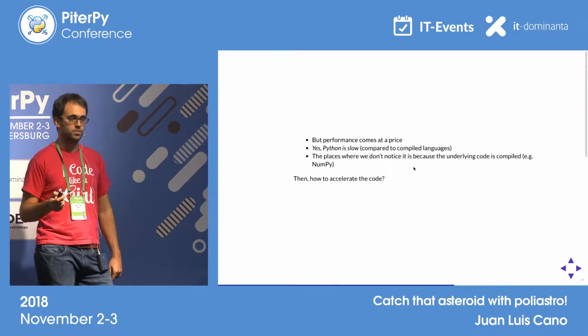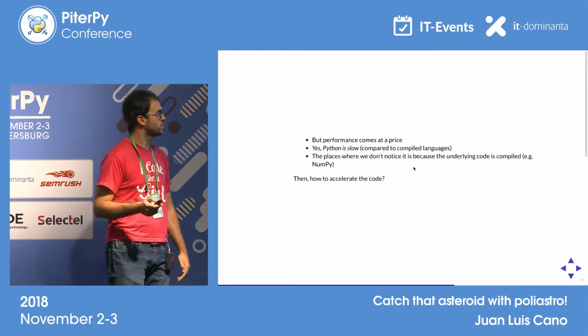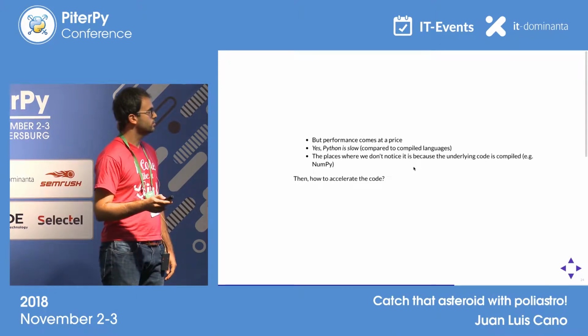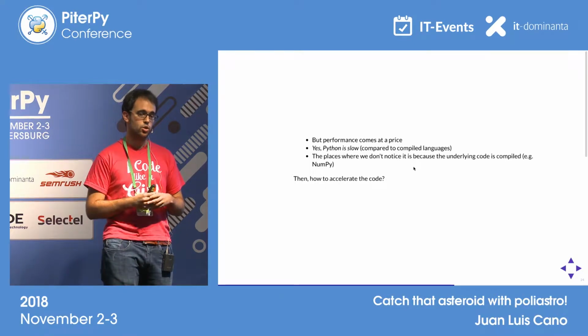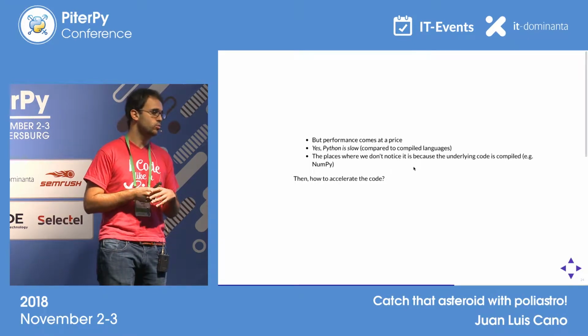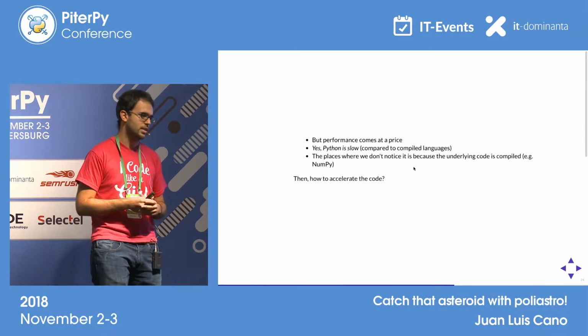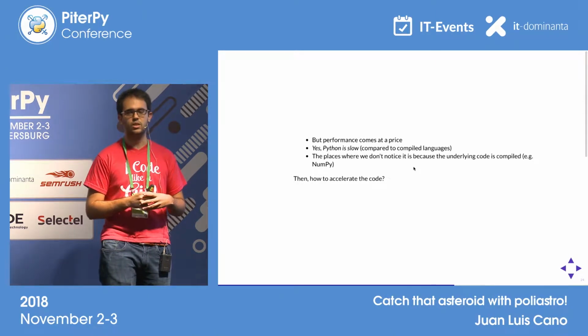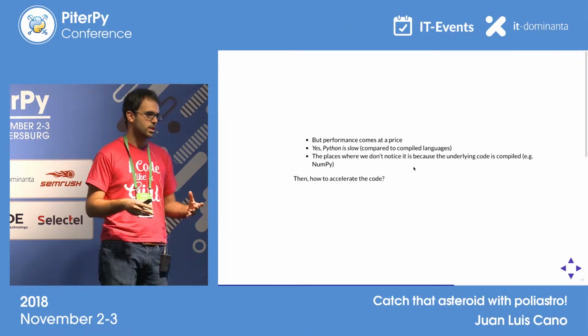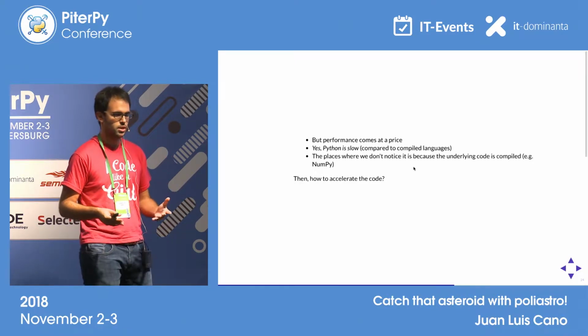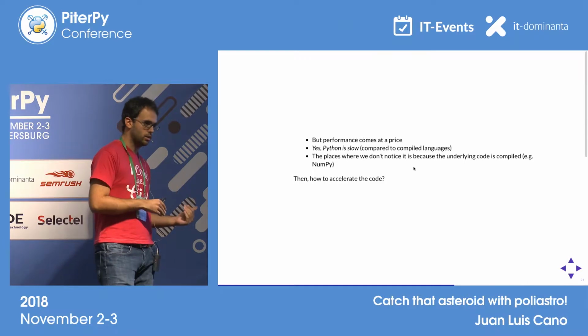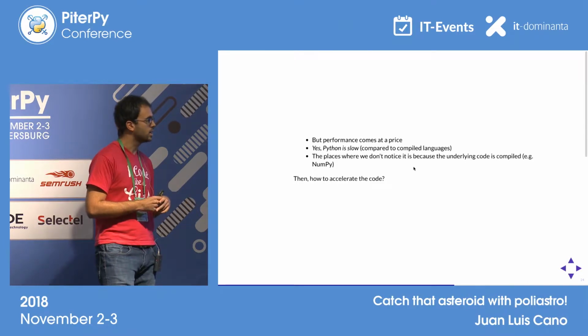But performance comes at a price, in the case of Python especially, because yes, Python is slow, and the points where we don't notice it is because the underlying code is compiled in reality. Because if we say, yeah, you can use NumPy for everything, you're not going to notice that Python is slow. But NumPy is C code underneath.